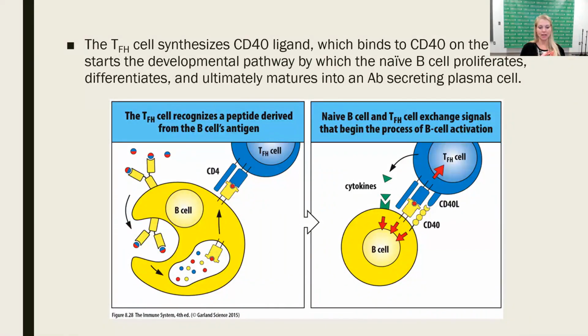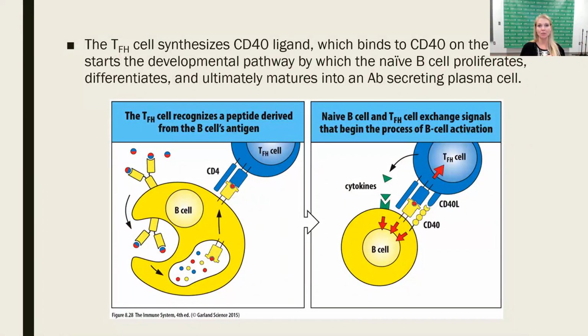So it starts that B cell maturation process to go ahead and switch out those IgMs, those IgD constant regions. Go ahead and make some IgGs, IgAs, secrete that stuff and get it out there.